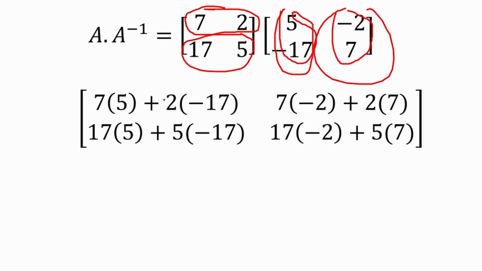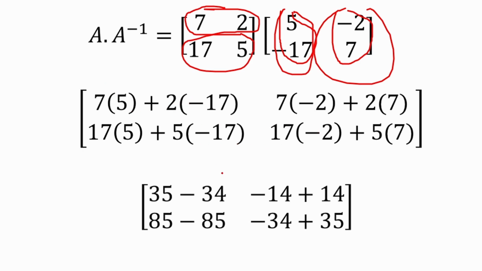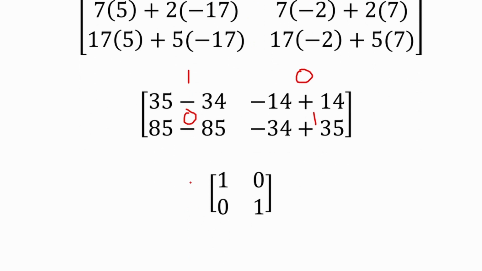This one will be 35, this one will be 35, and minus 34, and so on. Let's just skip it, and that's the result of the equation. This will be 1, 0. This one also 0. This will be 1. And that's an identity matrix, guys. So if the answer of this multiplication is the identity matrix, it means that your matrix inverse is correct.